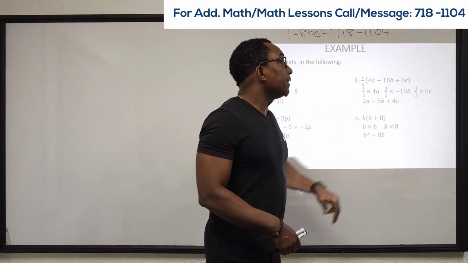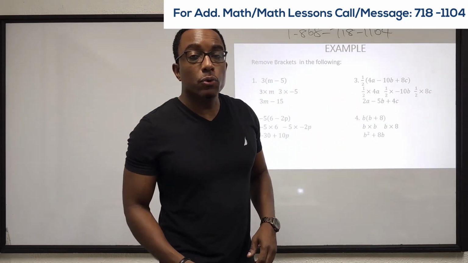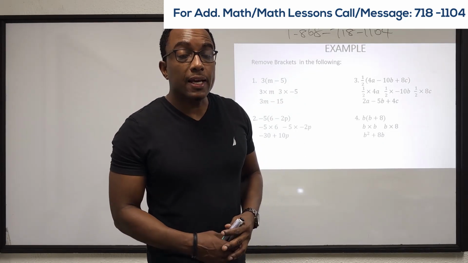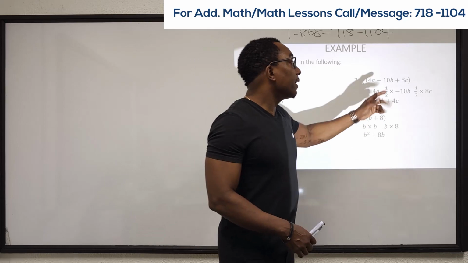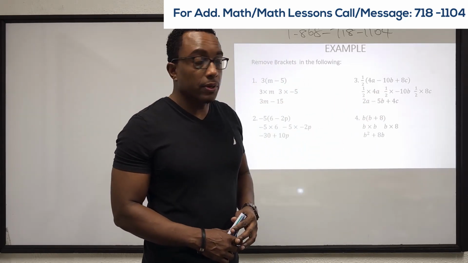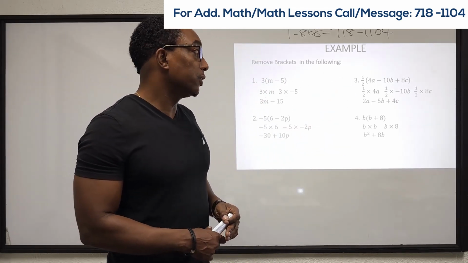A half by negative 10b, a plus sign is understood in front of a half, so a plus by a minus gives us a minus. A half by 10b will give us 5b, so we have negative 5b, and a half by positive 8c will give us positive 4c. And we have removed our brackets and obtained the expression shown.